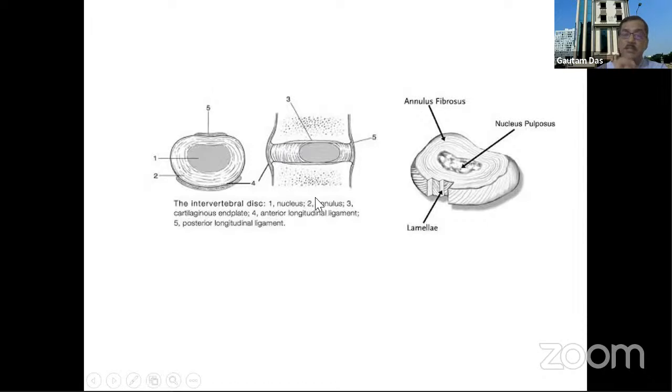So if you ask how nutrition is actually supplied to the whole disc, how the chondrocyte cells inside the nucleus pulposus survive without oxygen and nutrients, the answer is that oxygen and nutrients come by diffusion from the periphery of the annulus to the center of the disc. And here the driving force is your fluctuating interdiscal pressure. So again, a very important concept.